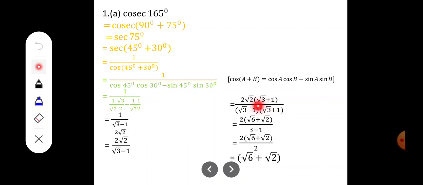We multiply root 2 with root 3 plus 1: root 2 times root 3 gives root 6, and 1 multiplied by root 2 gives root 2. Here 3 minus 1 gives 2. Cancelling 2 and 2, we get only root 6 plus root 2, and this is our answer.